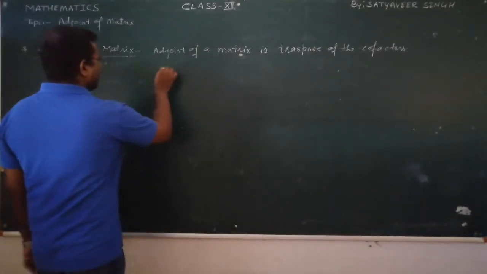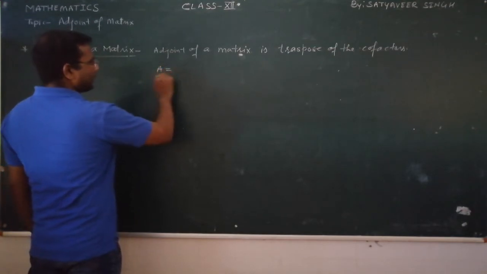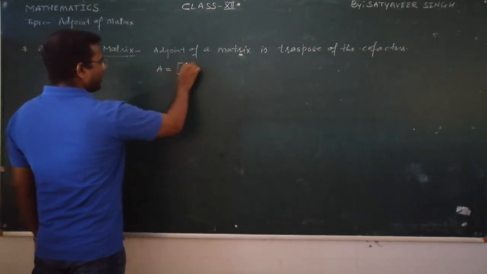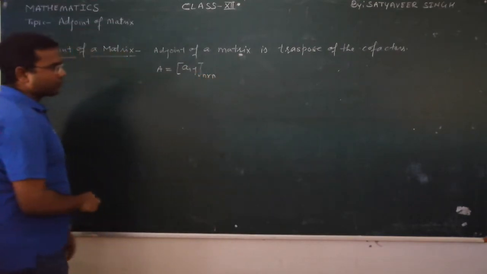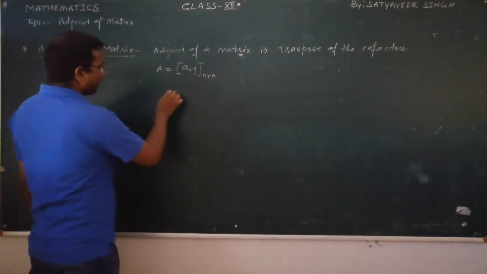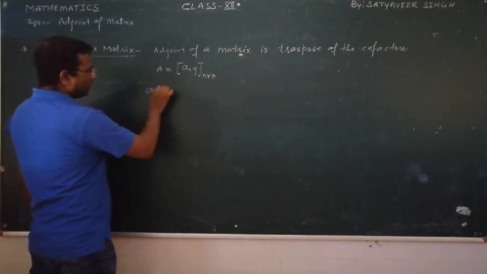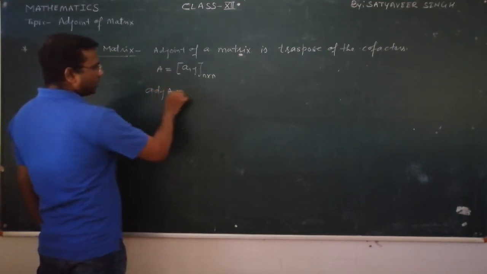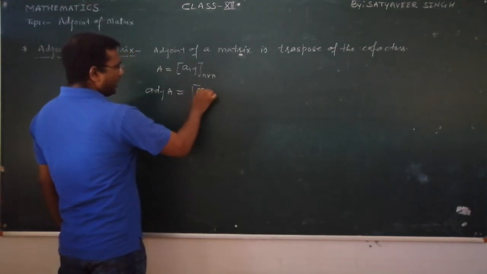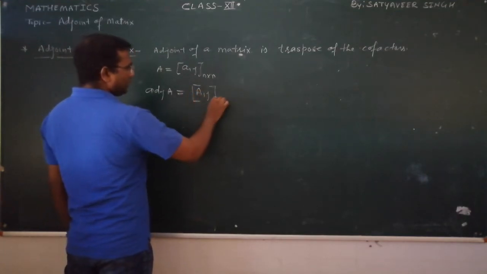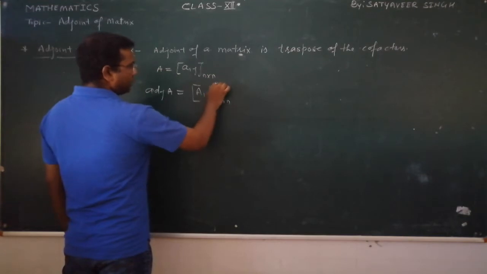Indirectly it is saying that if a matrix is Aij, with order n by n, and you want to find the adjoint of A, then we find [Aij] n by n transpose.